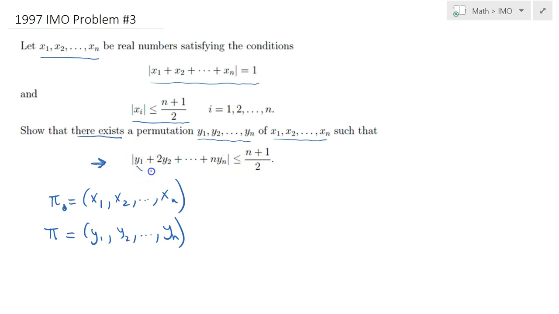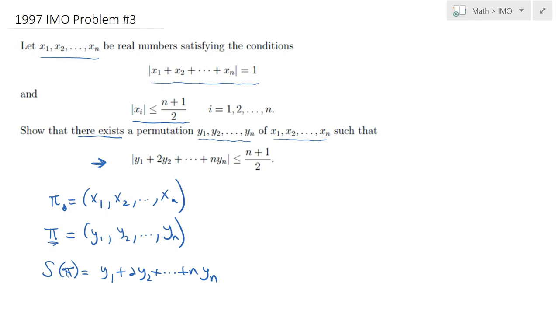So the interior of the absolute value, let me call it s of pi. So let s of pi be equal to y1 plus 2y2 and so on, plus n yn. So this one is s of pi.